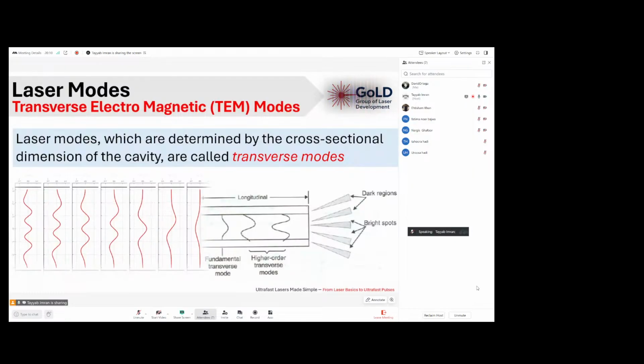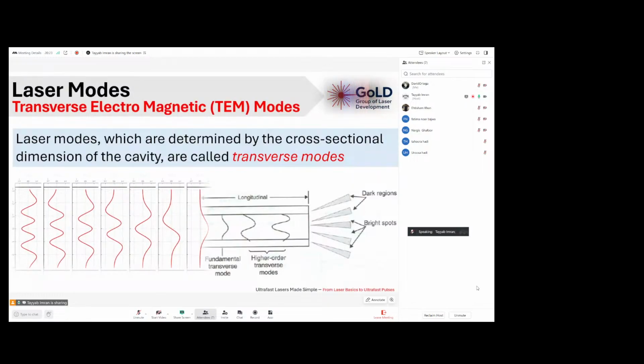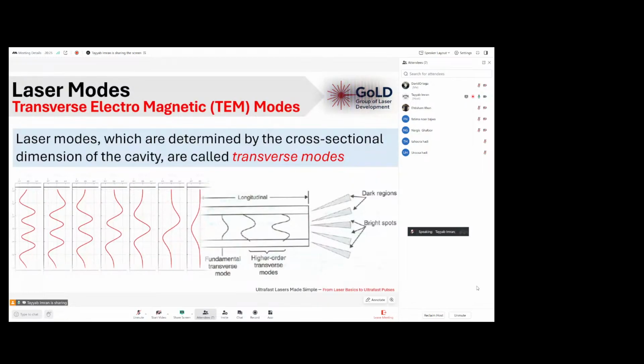Transverse electromagnetic modes, or in short, TEM. These modes are dependent on the cross-sectional dimension of the cavity.